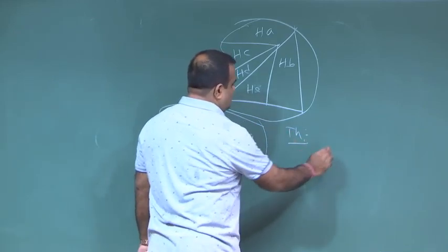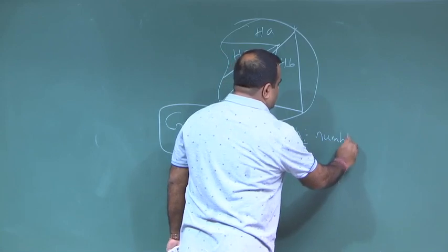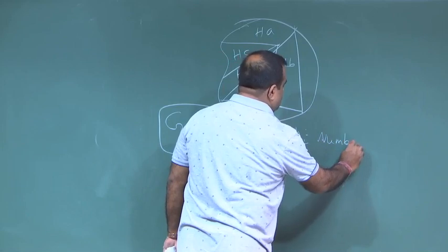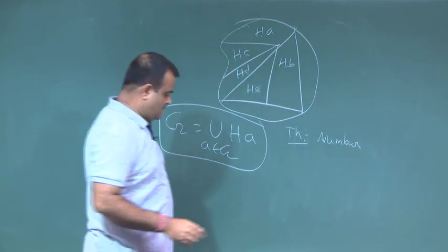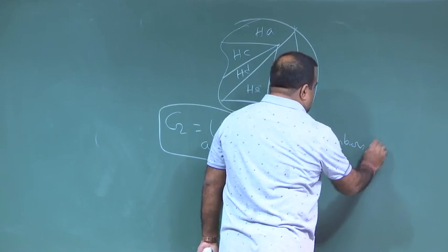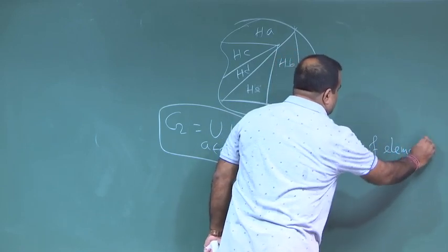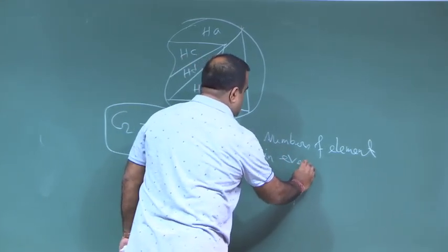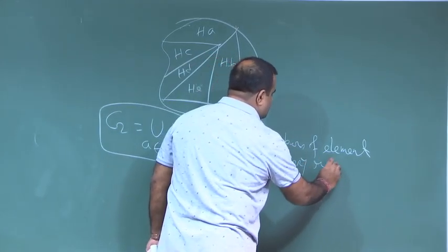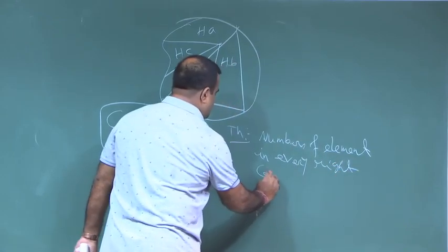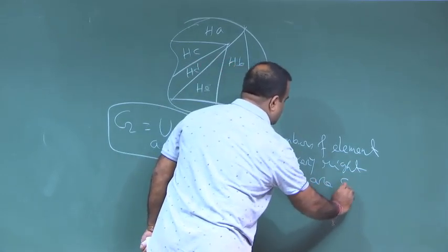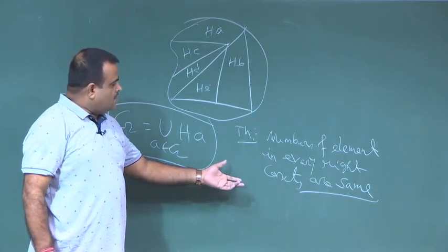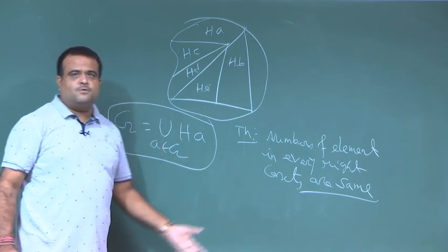This theorem is telling that the number of elements, that means the cardinality of two right cosets, these classes, are the same. The number of elements in every right coset is the same. Okay. A similar proof we did for the left coset.